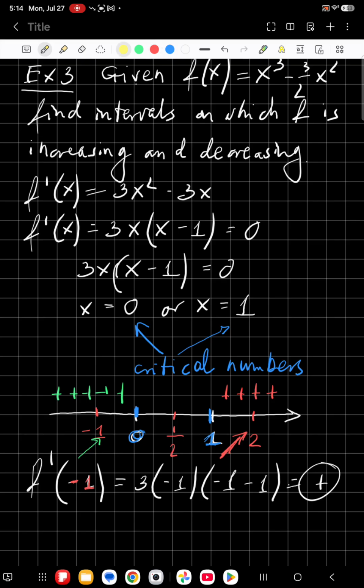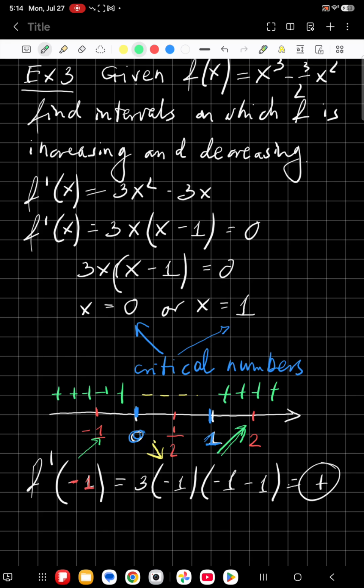So minus, minus, minus, minus, and it's decreasing. And again here we'll have green. So here again I have plus: the first derivative is positive, and the function is increasing. Okay, so we found the intervals.